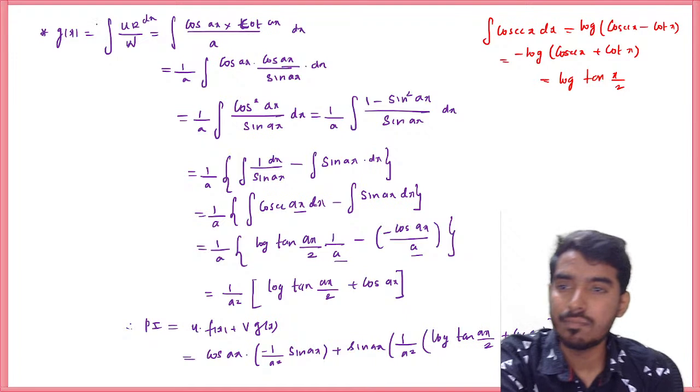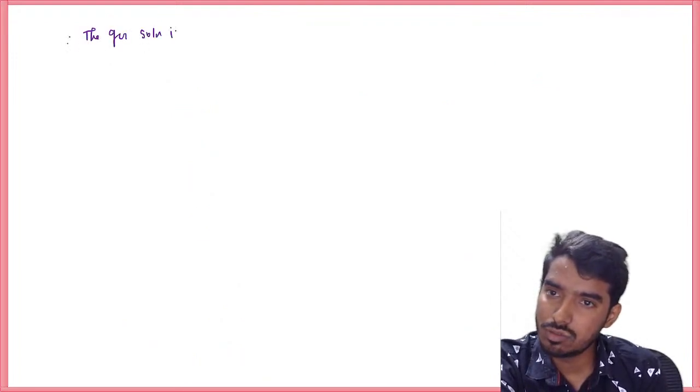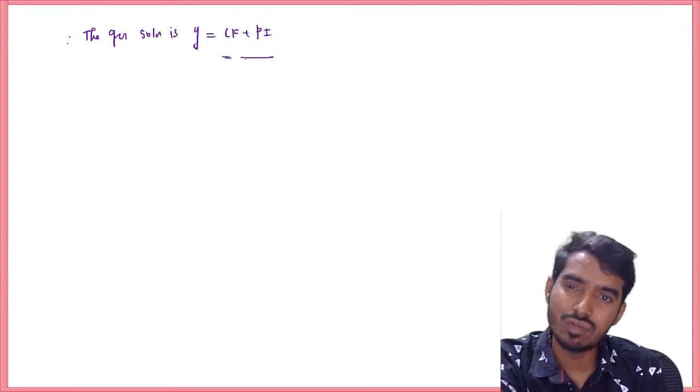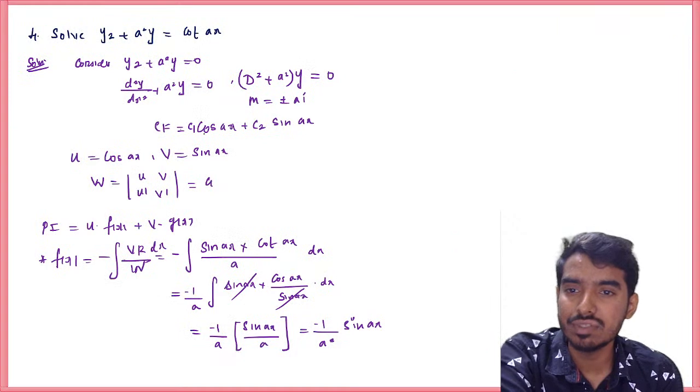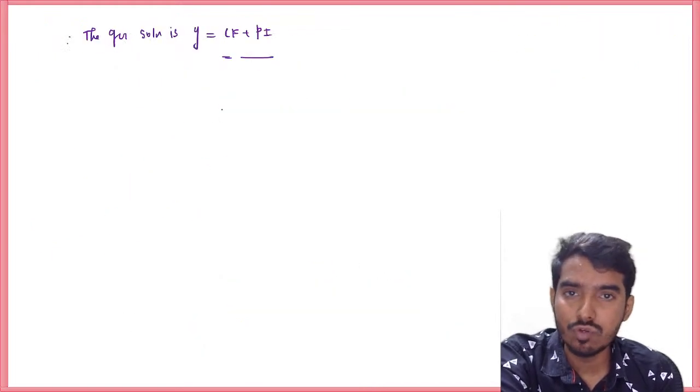This is your PI. So therefore, the general solution is y is equal to CF plus PI. Write it down, right? This is your CF, c1 cos ax plus c2 sin ax, and the PI is this entire term.